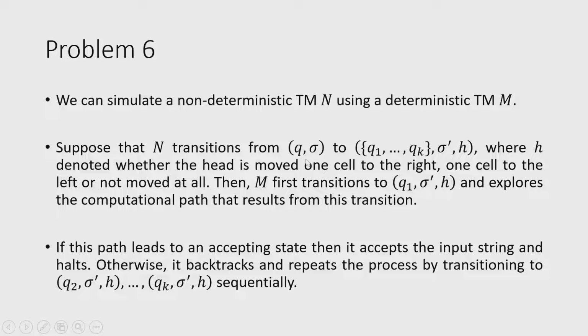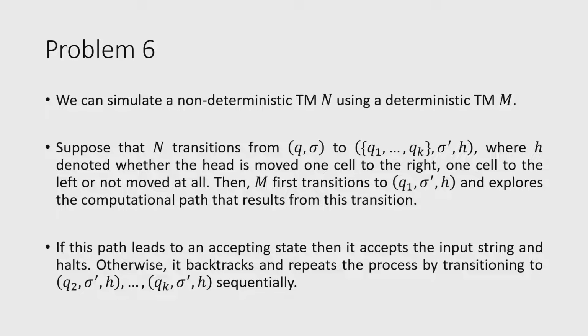So if N does this, it transitions from this state to this, then what M will do is the following. It first transitions to the state q1, sigma prime, h and explores the computational path that results from this transition. And once it has explored this path completely, if this path leads to an accepting state, then M accepts the input string and halts.